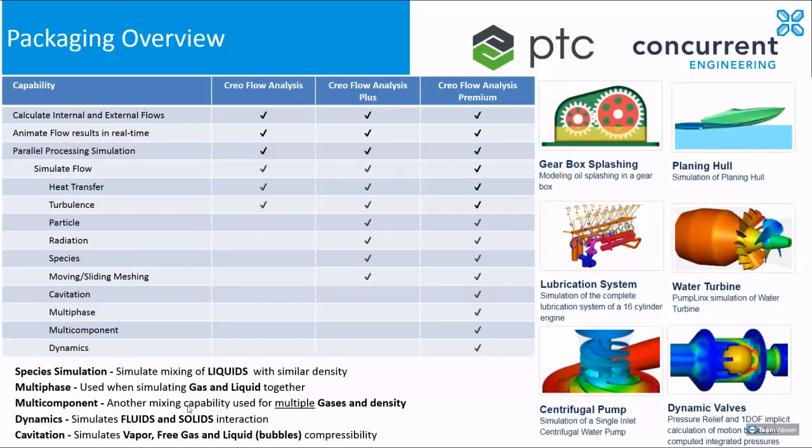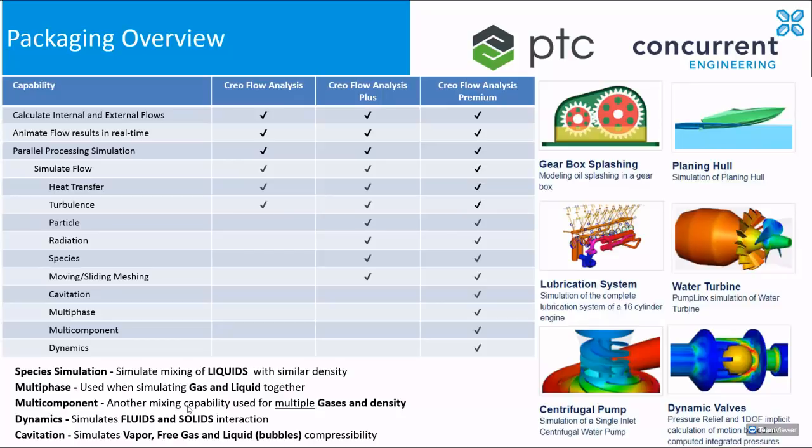There are 3 levels of the product to give you the right CFD capability for your role. All levels of the product will calculate internal and external flows, give you fully animated results, and offer parallel processing. The entry-level module allows us to simulate flow, heat transfer, and turbulence, and is ideal to use as an iterative tool by design engineers for quick checks throughout the design process.